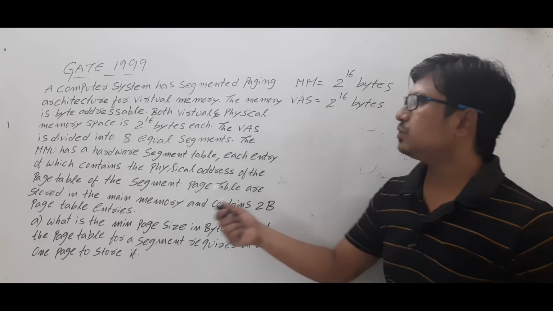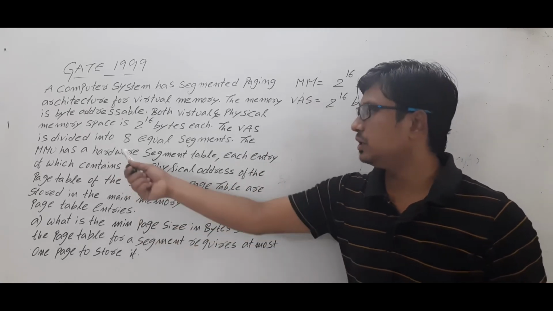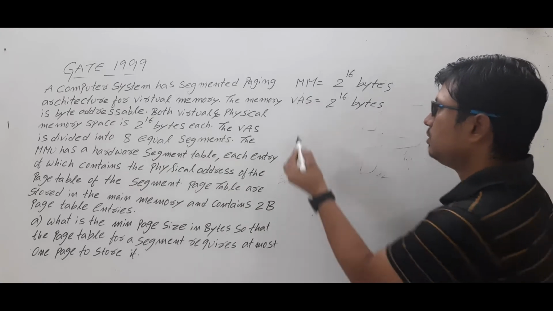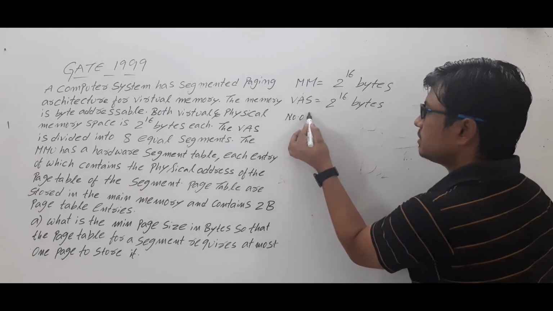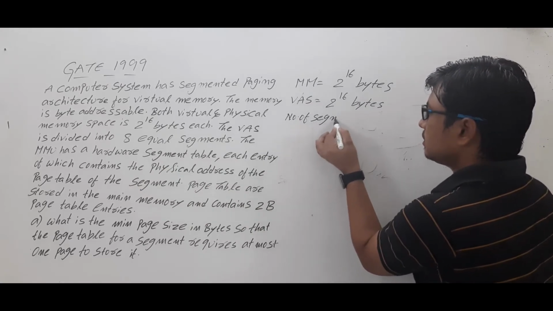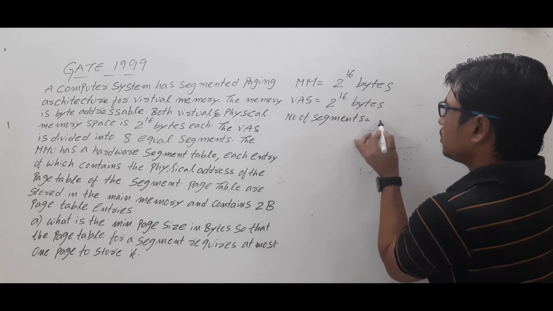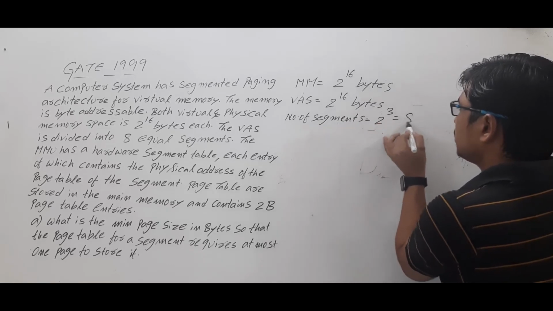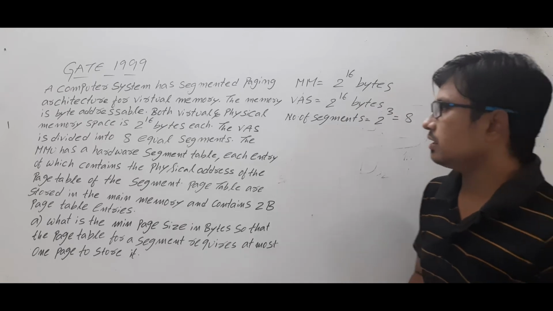The virtual address space is divided into 8 equal segments. So the number of segments is equal to 2 power 3, which is equal to 8. Is it clear? Are you able to understand?